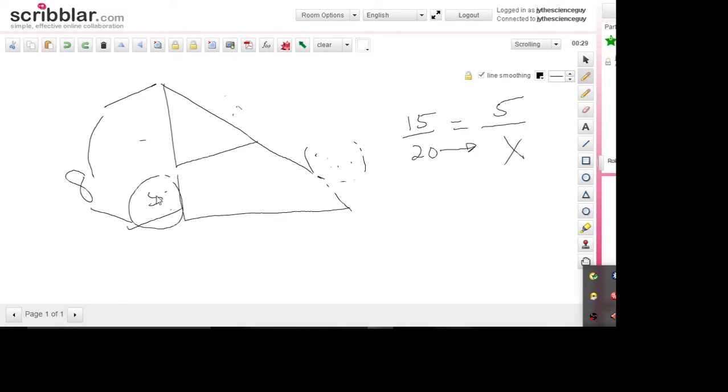This part was 5, right? We didn't know this part, but whenever you have a big piece and a small piece, you can subtract and find the part that's missing, right? So this was 3, like you said. Then this part was what? X plus 2. And then we finally figured out to add 6 to it.